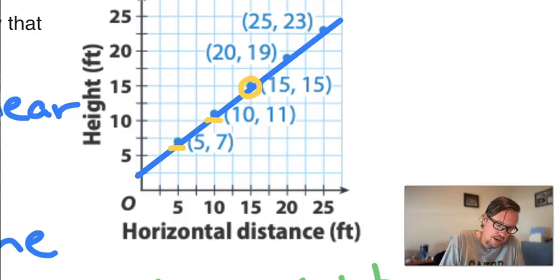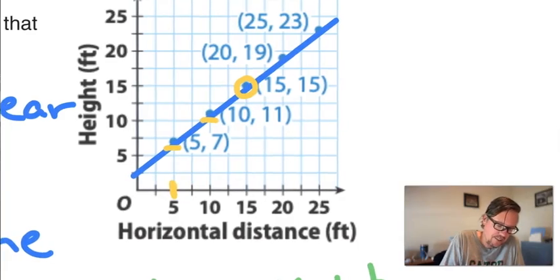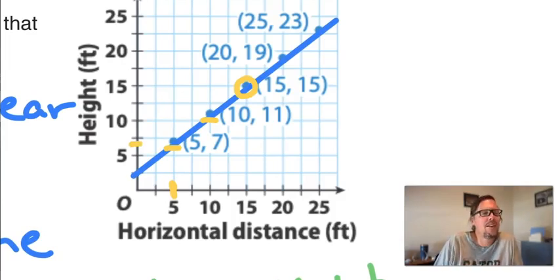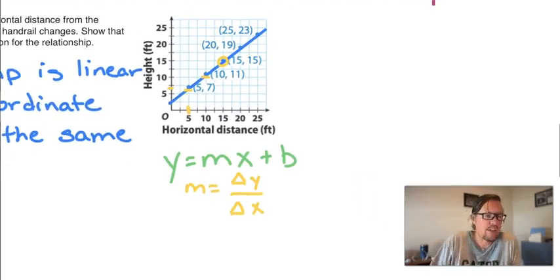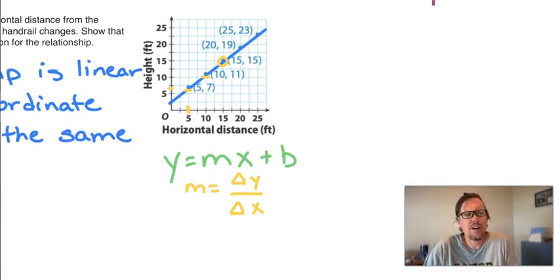The 5 is right on the 5 line, but the 7 is not. It looks like it's a little below that line right there. None of these points really are exactly on the intersection of a grid line except for 15, 15. So just counting is not an option for us here, but that's okay. We can just pick 2 points. Any 2 points will work to find the slope.